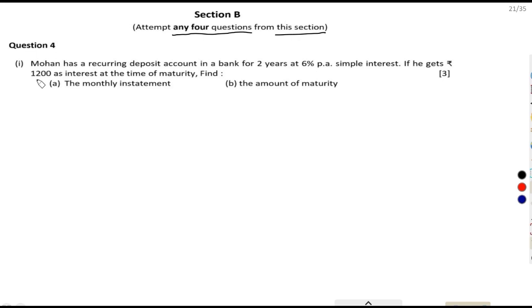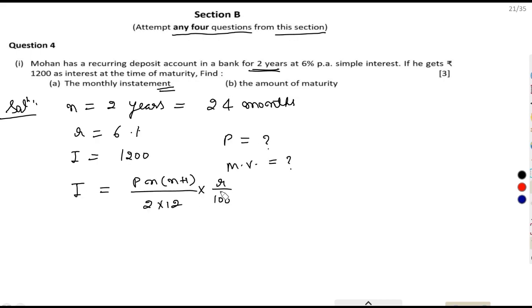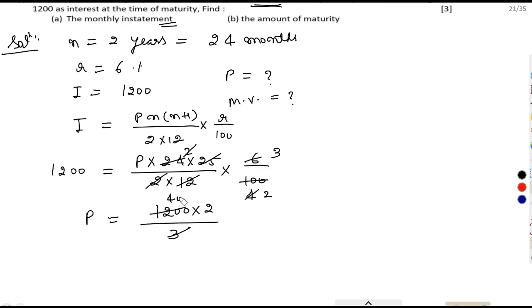Question number 4, part 1, it is from banking. Time period given is 2 years, but we have to substitute this in months. Monthly installment P is equal to 800 rupees.